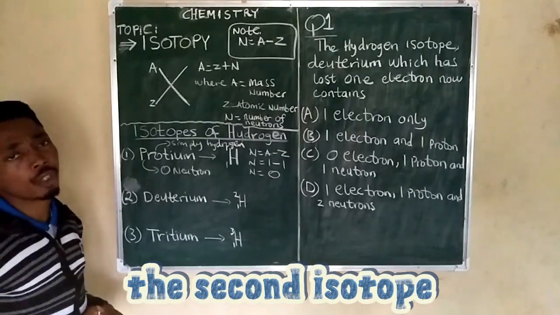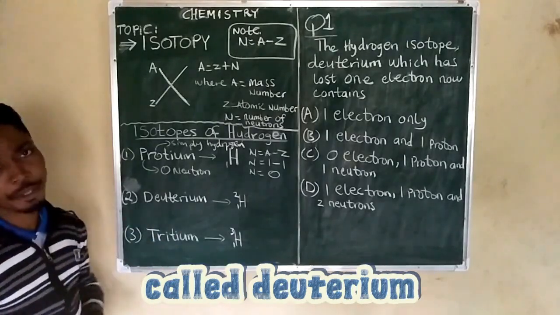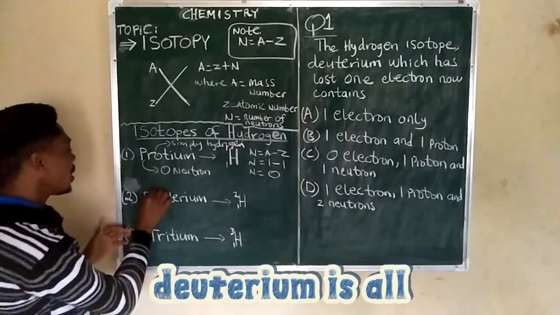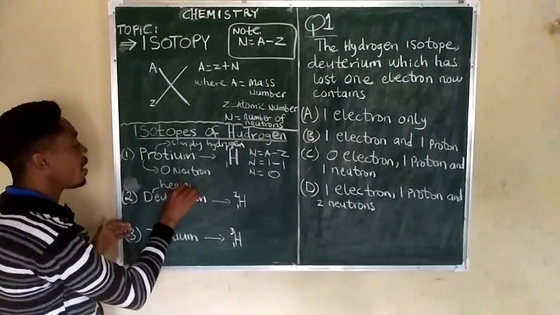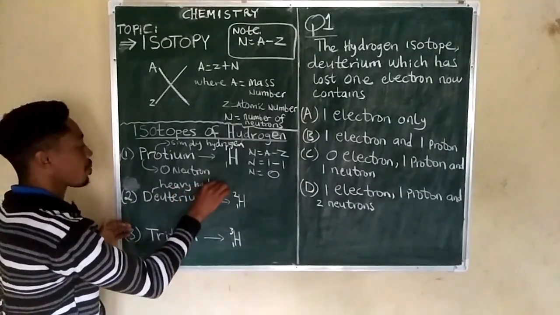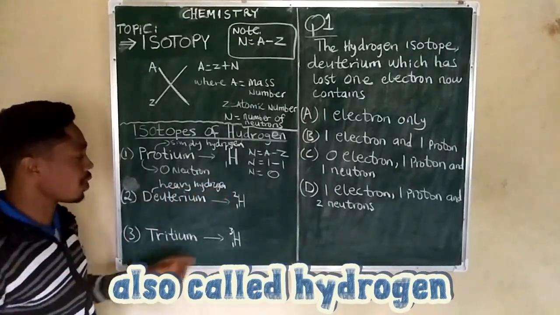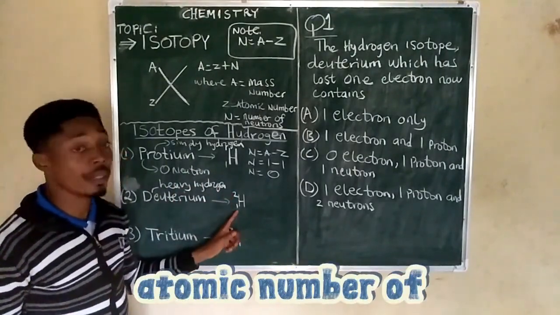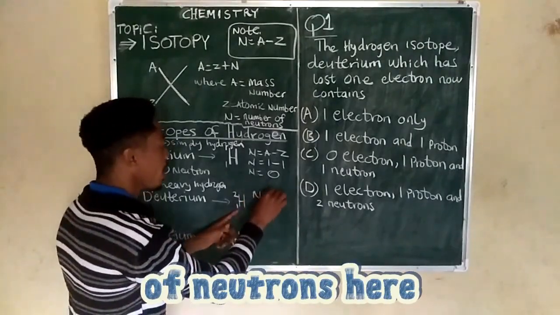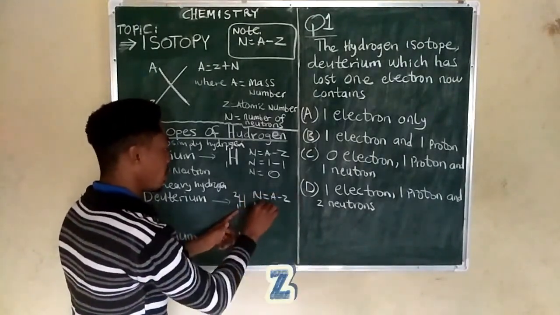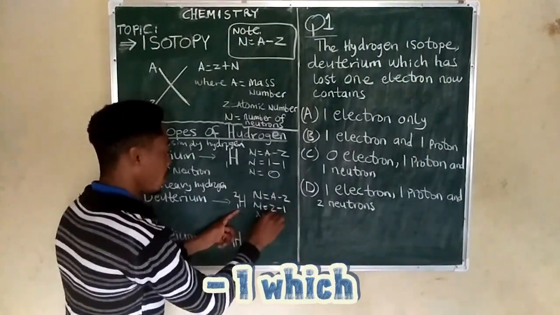Let's look at the second isotope, called deuterium. Deuterium is also called heavy hydrogen. It has a mass number of 2 and an atomic number of 1. So the number of neutrons here is A minus Z, which is 2 minus 1, which is 1.